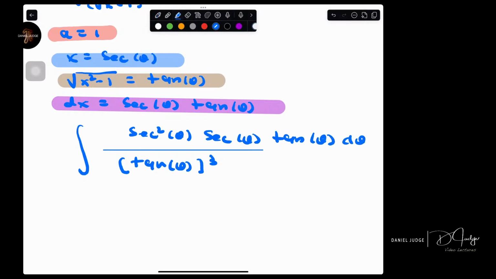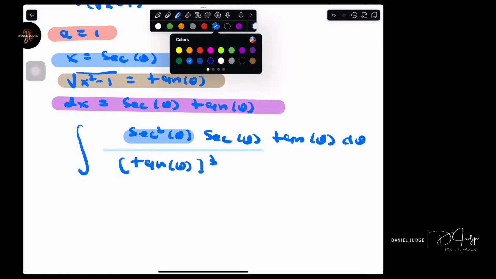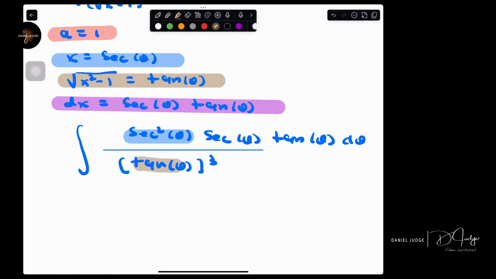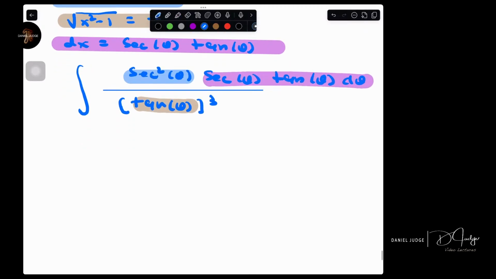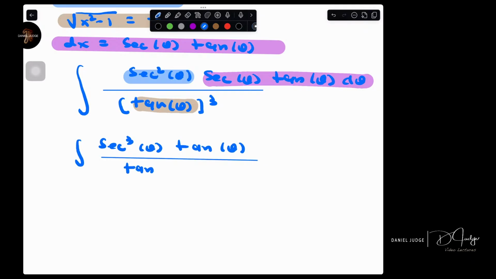So let me emphasize with our colors here. Secant to the third power theta, tangent theta over tangent cube theta, d theta.